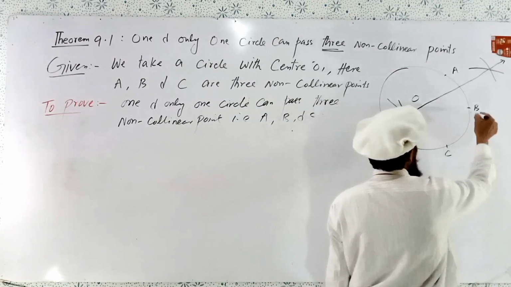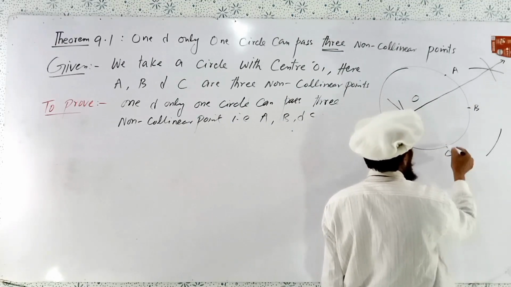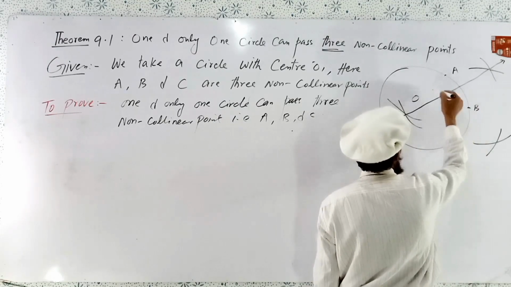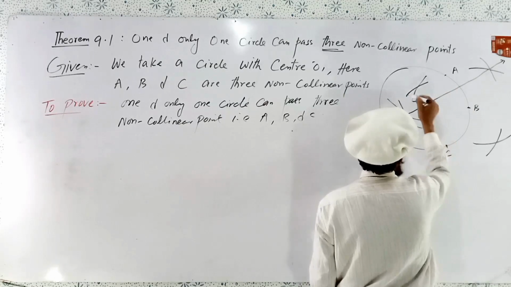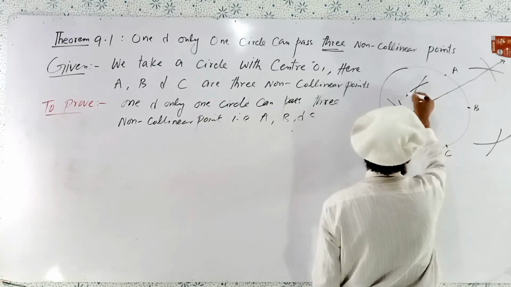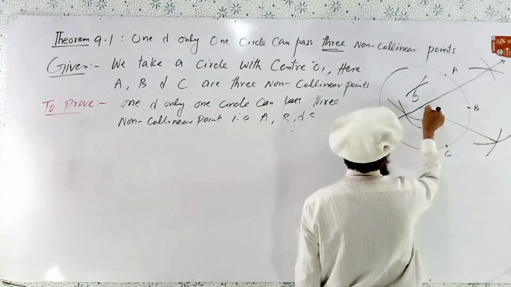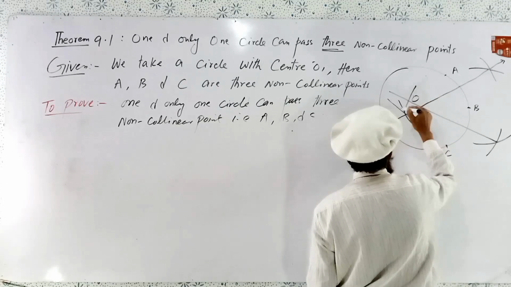Similarly from the B side, we draw the perpendicular bisectors, and also internally we draw two arcs, and these arcs we connect.